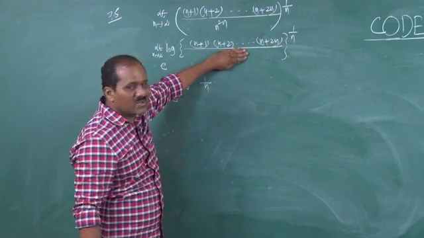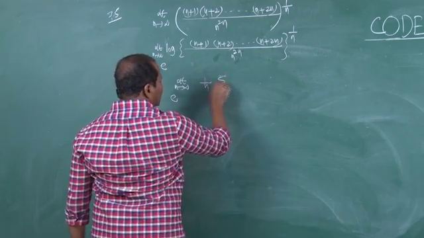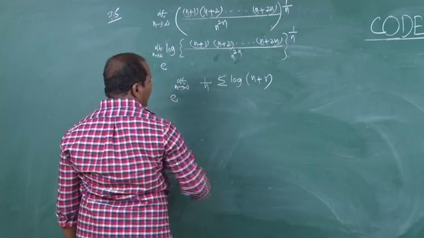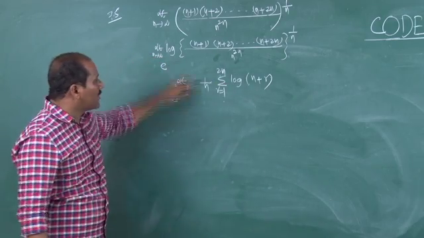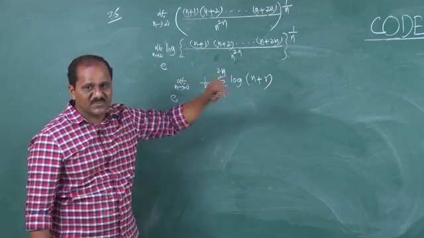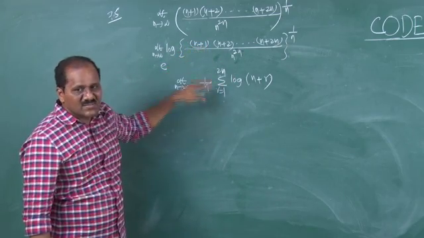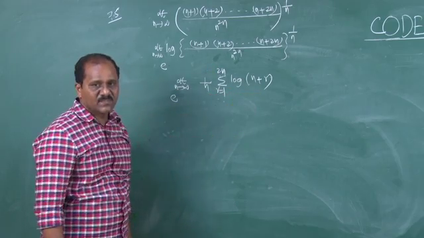This total n power 2n is adjusted to all terms. So, 1 by n into sigma of log of (n plus r), where r runs from 1 to 2n, means the total problem contains a product of 2n terms. So, write the given sum in sigma notation, r running from 1 to 2n, log of (n plus r).